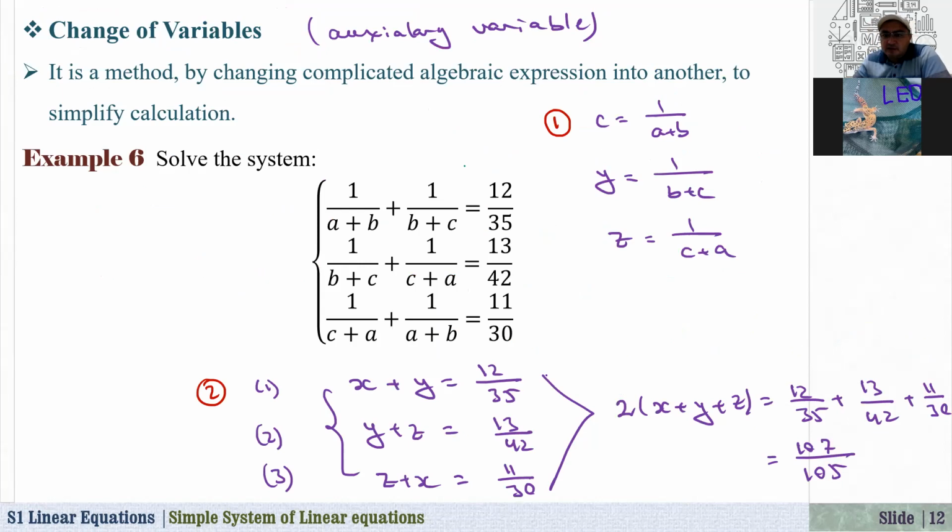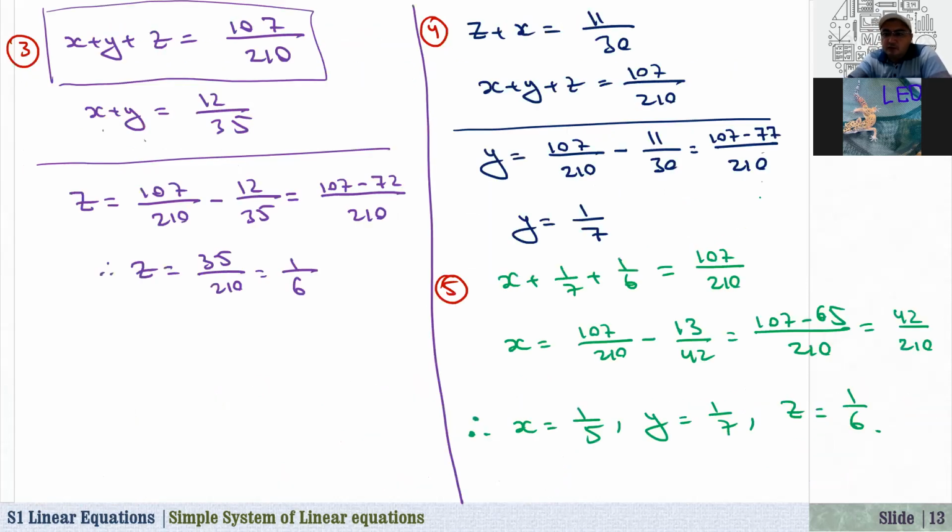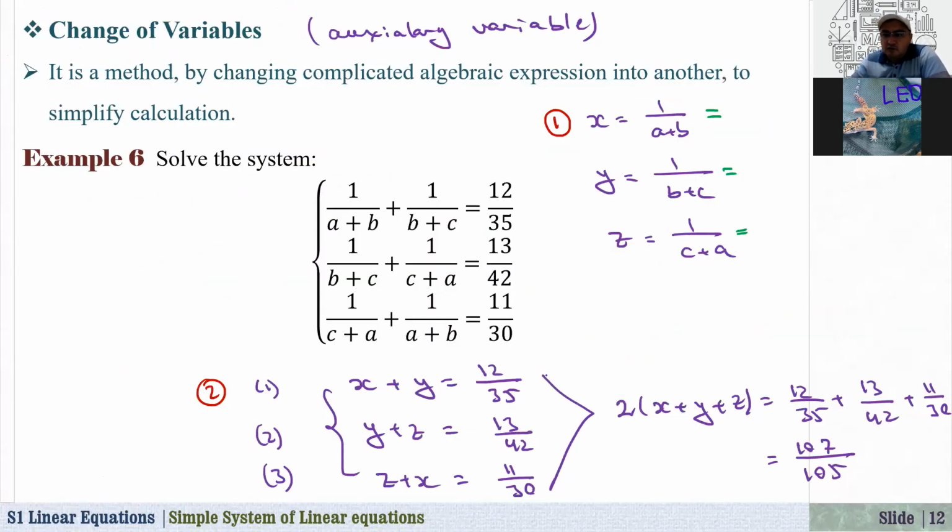Okay, so of course here we need to find the value of a plus b plus c, right? So we have x. What is x? x equals 1 over 5.